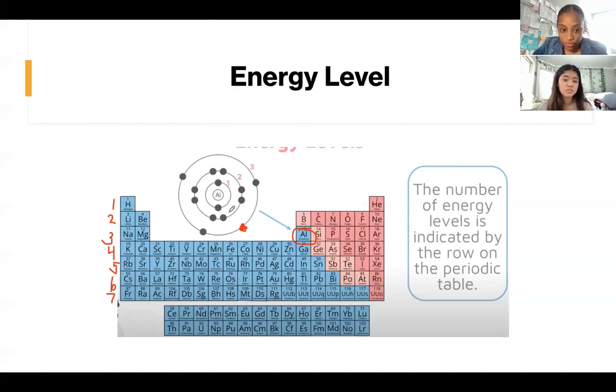If you were to surpass this, 5, 6, 7, 8, because that's how much it holds, then you'll have the next energy level. And that would be 13, 14, 15, 16, 17. That would be chlorine.